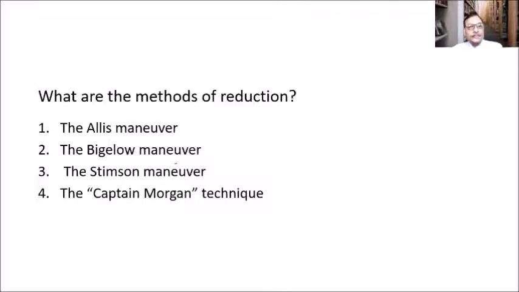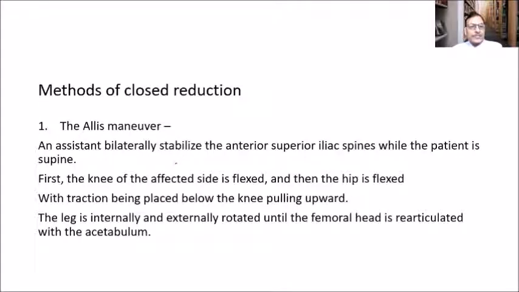There are several methods of reduction: Allis maneuver, Bigelow's maneuver, Stimson maneuver, Captain Morgan technique. Allis is the most common one that is usually done, where the hip and knee both are flexed and an assistant stabilizes the pelvis, and the surgeon pulls the femur upward in its own direction, and due to external and internal rotation, ultimately the head of the femur is reduced.